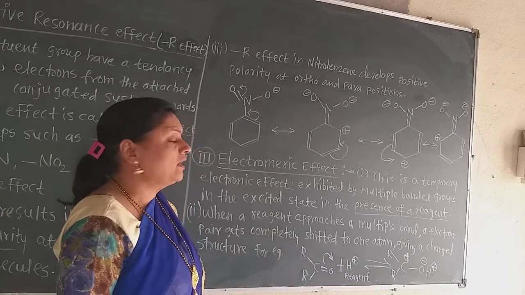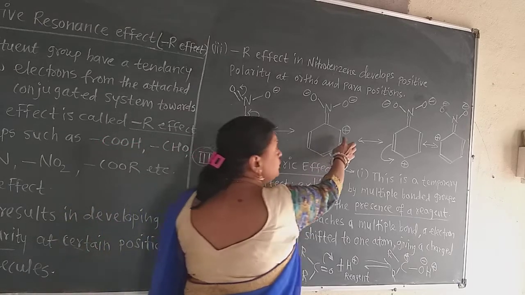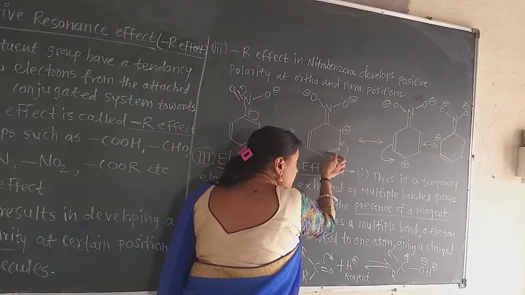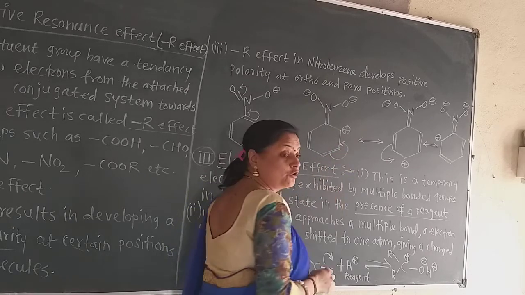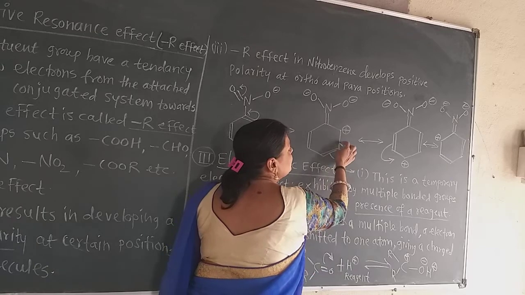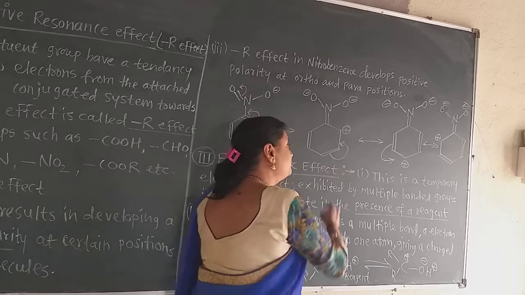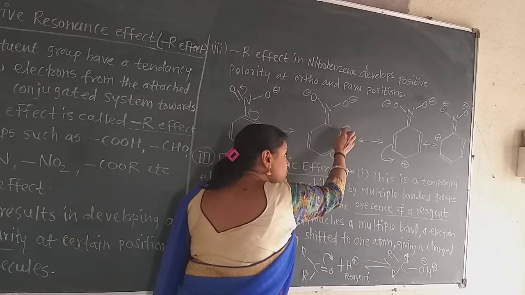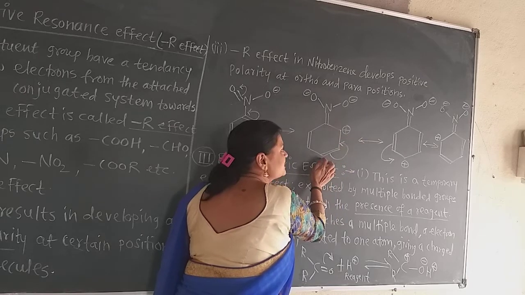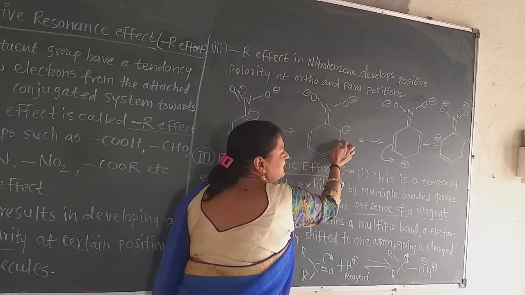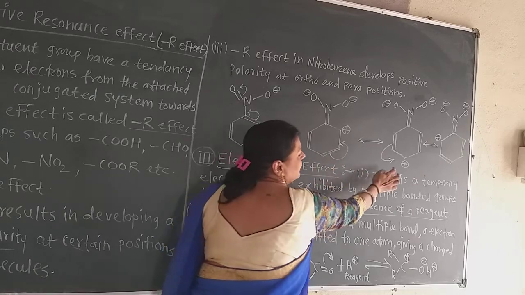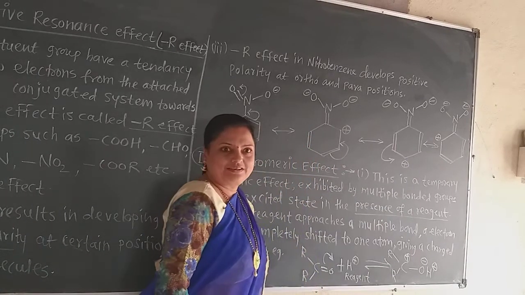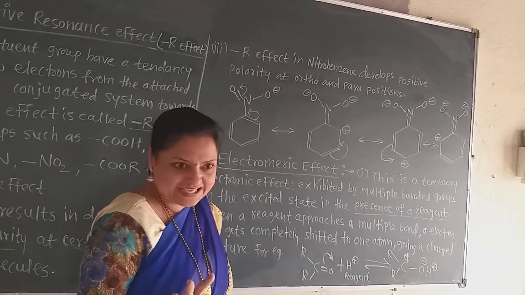Now again, due to this positive center, the pi electrons of the conjugated system are attracted and shifted to this position. So the positive charge now comes on this carbon, because these electrons shift here. Do you understand why this happened?